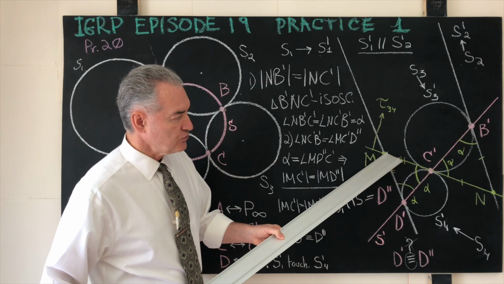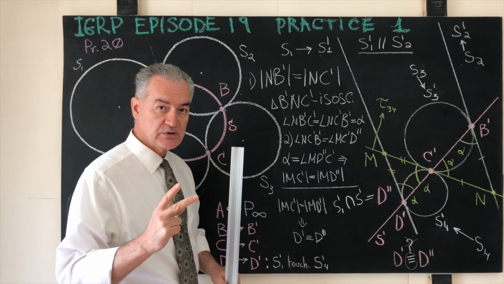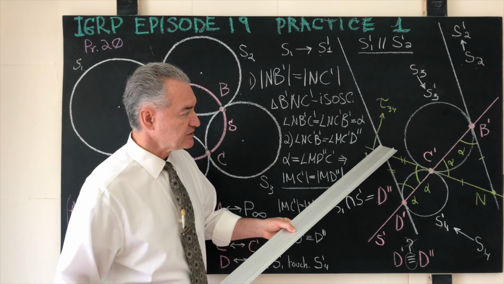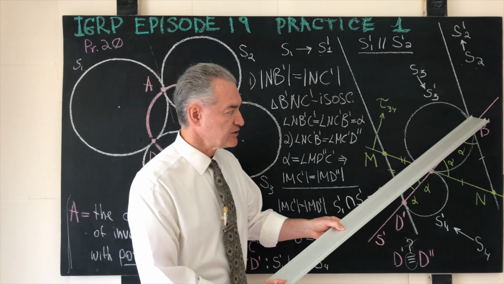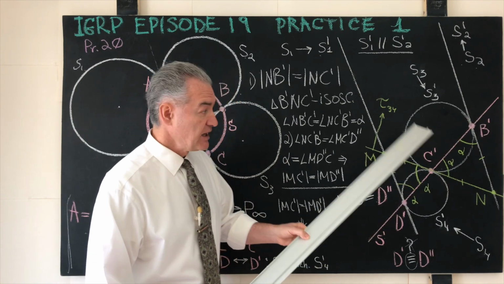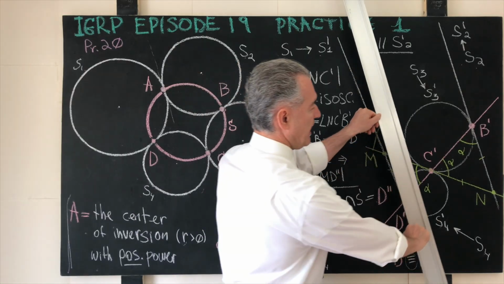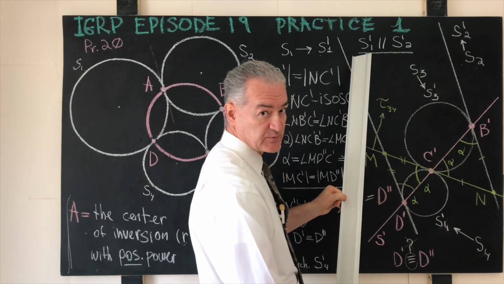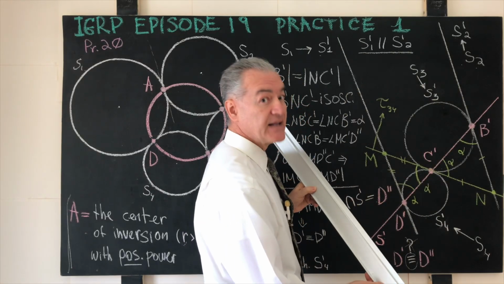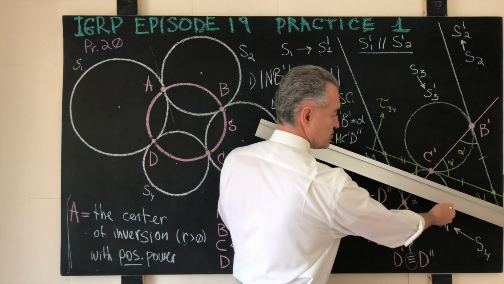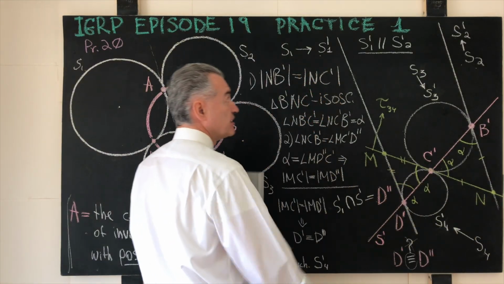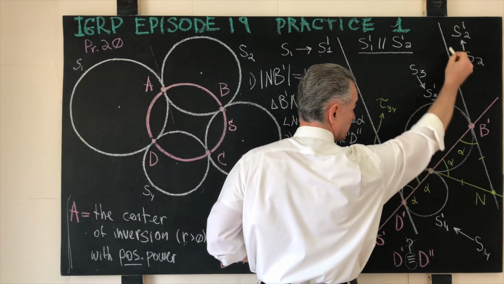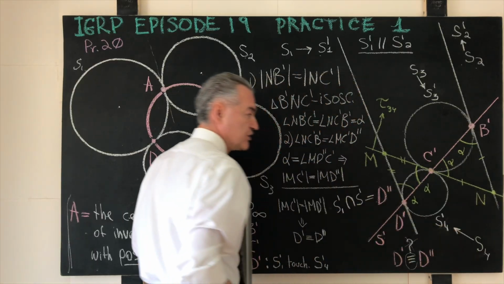This tangent has 2 and only 2 possible positions with respect to the parallel straight lines S prime 1 and S prime 2. That tangent can so happen to be parallel to the parallel straight lines S prime 1 and S prime 2, or it can be not parallel, in which case this tangent will intersect the straight line S prime 1 at the point M and the straight line S prime 2 at the point N over here.